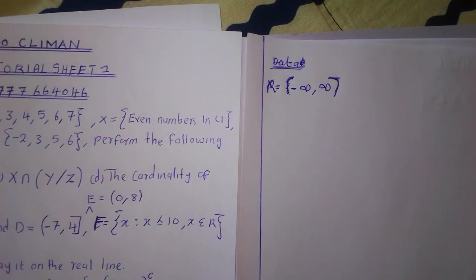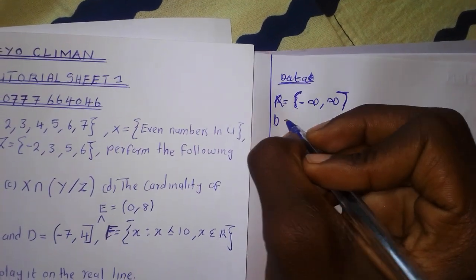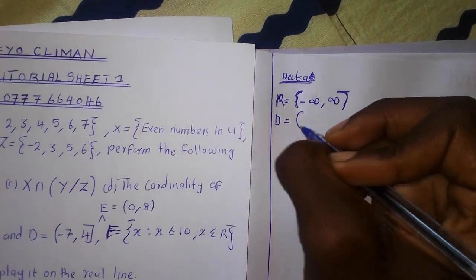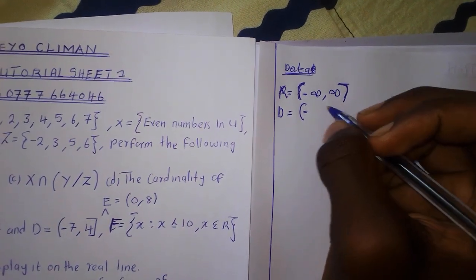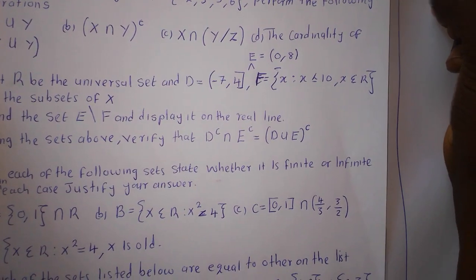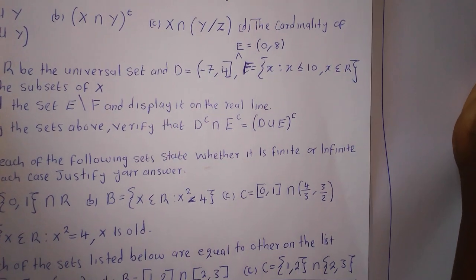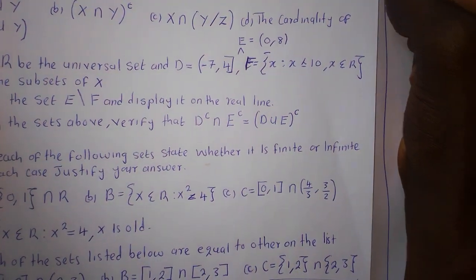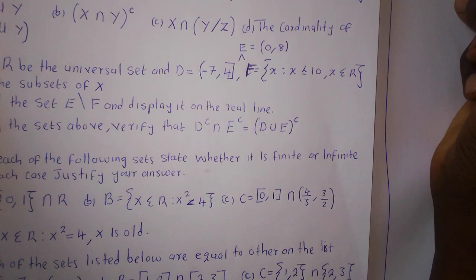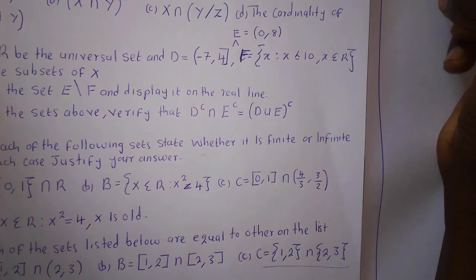Okay. Now, according to the information, we have also been told that D is a set which is coming from -7, 4 included. Then E is a set which is coming from 0, 8 like this.